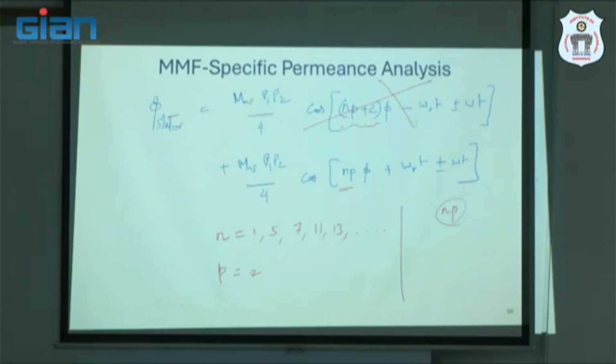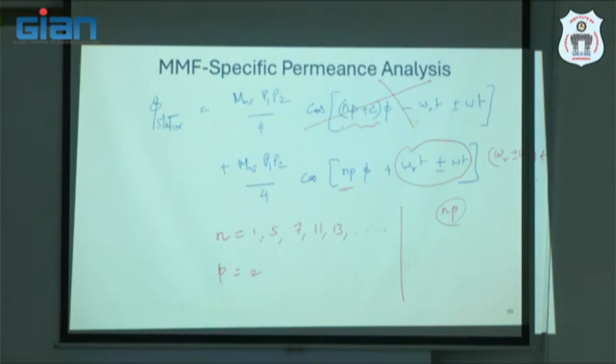What will be the order of frequency? It is omega plus or minus omega r. So there is an additional frequency component that corresponds to the rotor frequency showing up in the line current due to the mixed eccentricity fault.